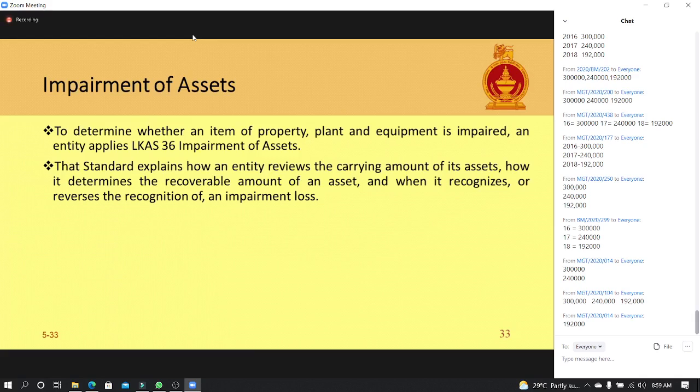So impairment of assets is discussed under LKAS 36. It is not relevant to you, only for those who have done it. So if not, it is not relevant to you.